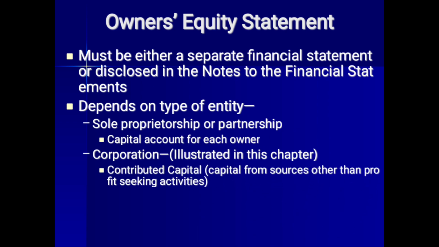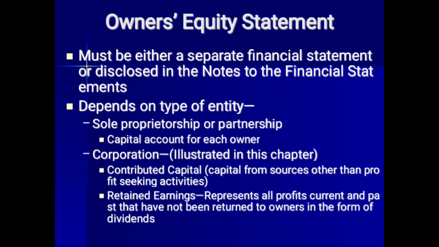A corporation means companies. Fewer than 10 members come under a partnership. If more members join, that is called a company. Companies also have capital accounts and some other things.